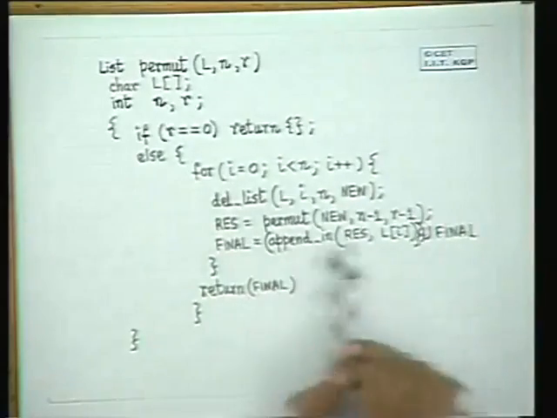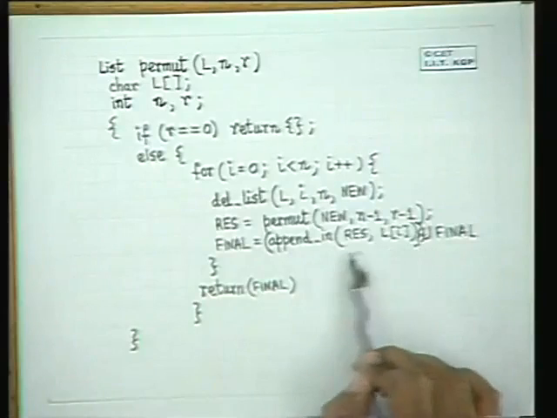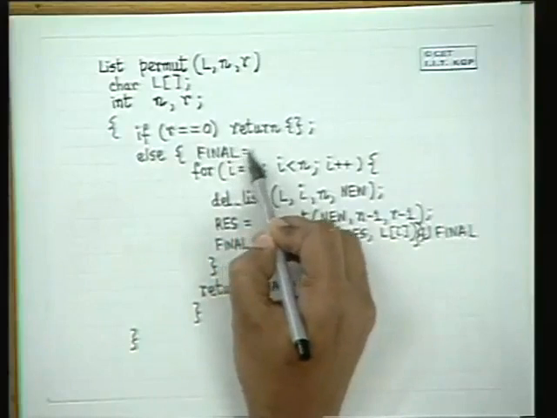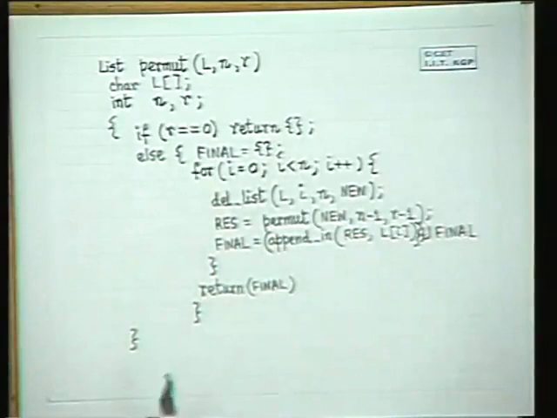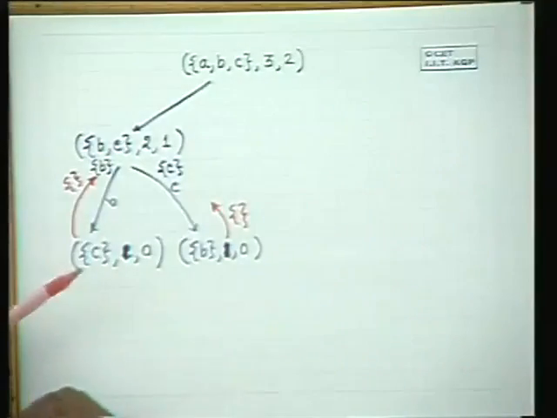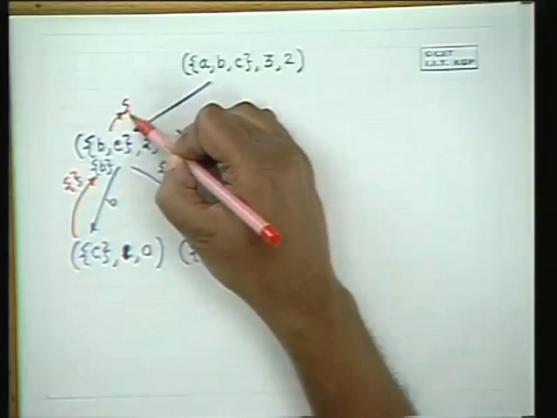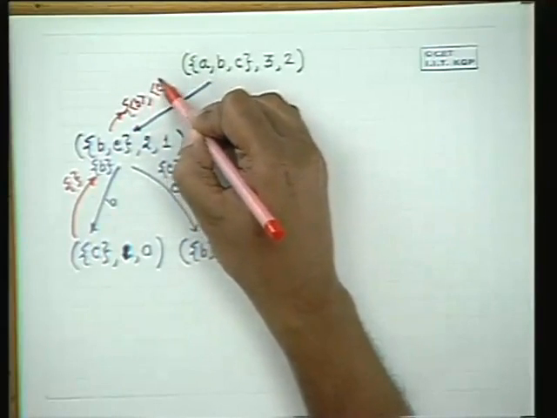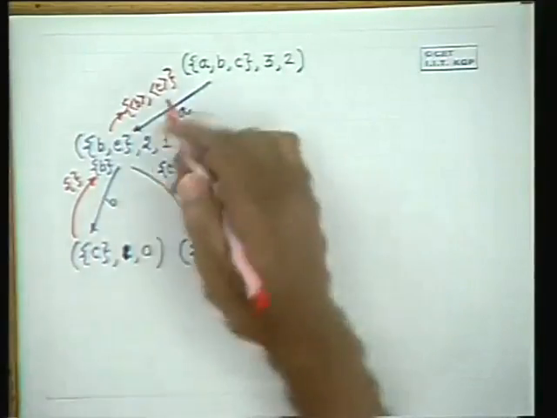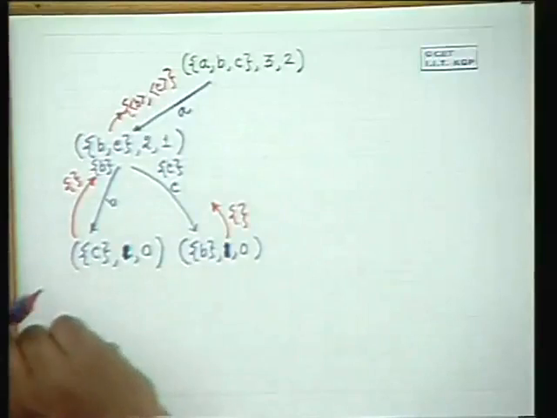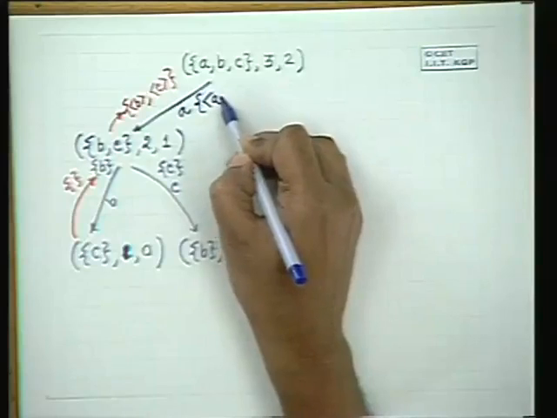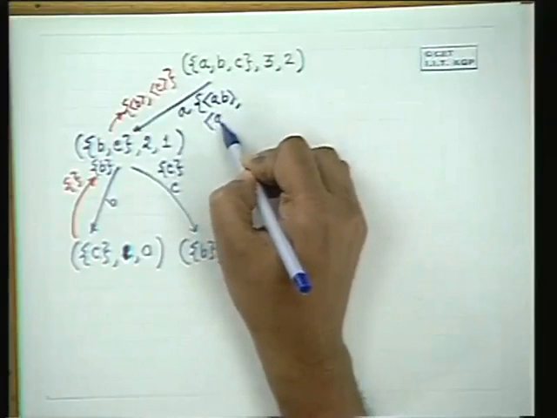So in the loop we can make this union, and you initialize final in the beginning of the program to be null, and then you make a union of it. So this will return a list with B and C, and this was called with A. What will be formed after the append? You will get AB and AC.